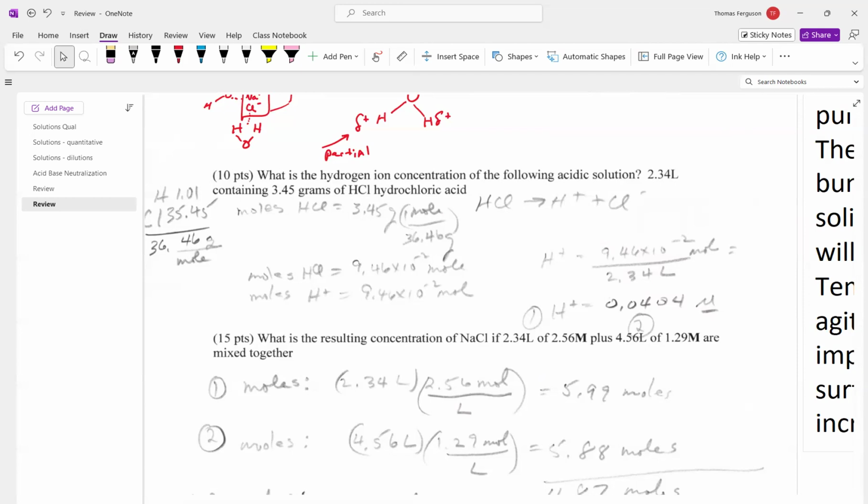First thing we need to know is moles of HCl. Since it's dry, not wet, we need the molar mass of HCl, which is 36.46.